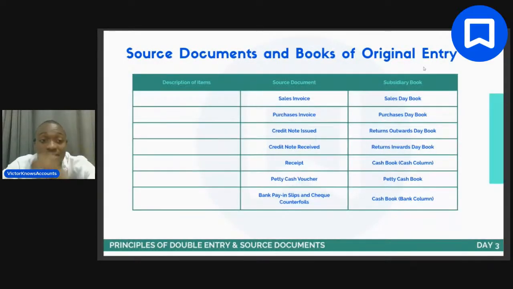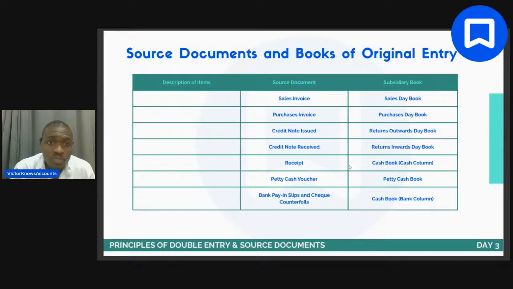So now let's do a quick summary of everything that we have discussed regarding that. I hope you can see the table. You have description of items, source document, and subsidiary book. We are saying if a particular transaction happens and is entered into a particular source document, what will be the relevant subsidiary book?